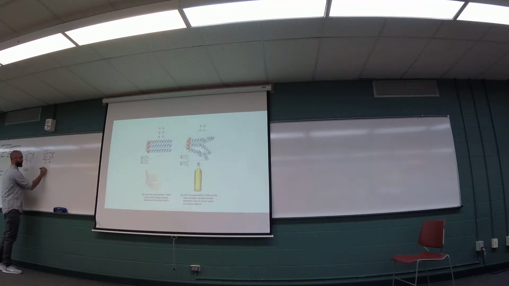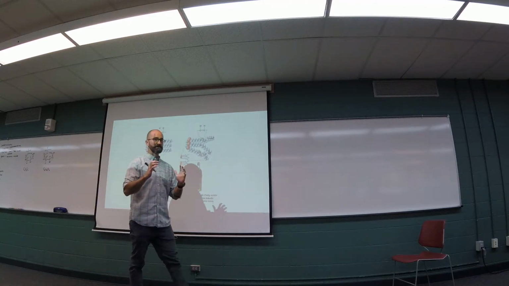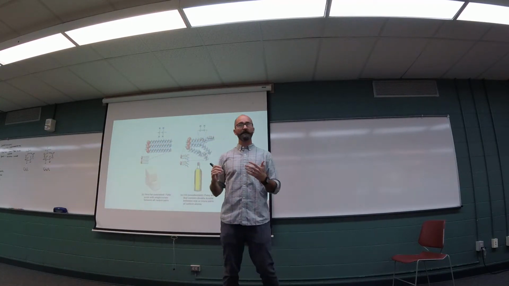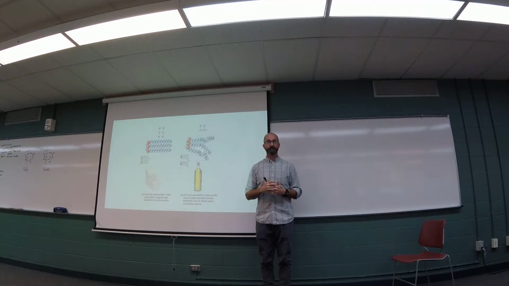So if we have 2 glucose molecules, this one should have the same chemical formula as this one, right? Collectively, between the 2, how many carbons should there be? 12, right? 6 and 6 is 12. Hydrogens, there should be 24, and oxygens, there should be 12 as well, right? But if we do dehydration synthesis, all of a sudden we're going to change the relative ratio of carbons, hydrogens, and oxygens.